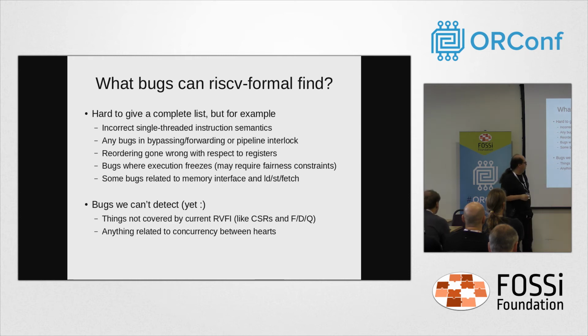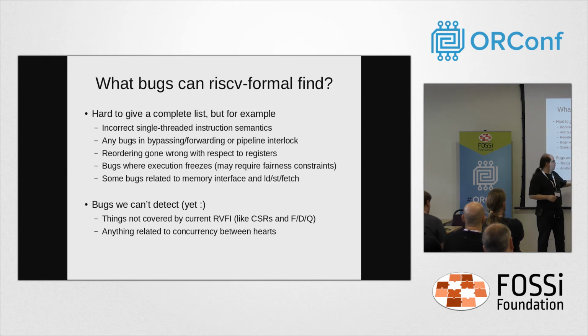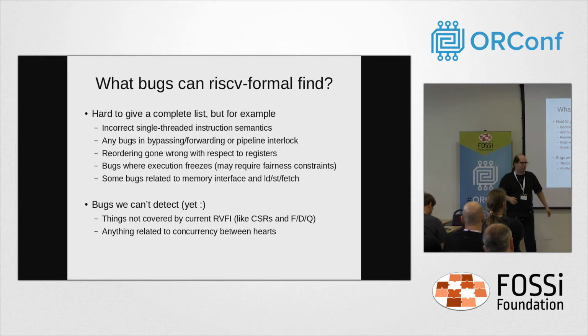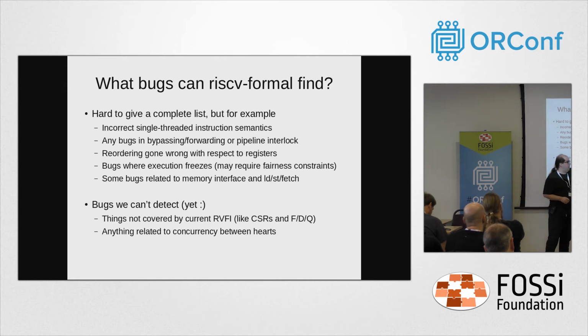Things we can't find right now are things that are beyond the RVFI interface. So at the moment, we don't have CSR reflected in this interface, so we can't check anything with regards to that. We also don't have the floating point instructions covered yet. But there are RFCs on how we are going to extend RVFI so we can also cover this kind of stuff.